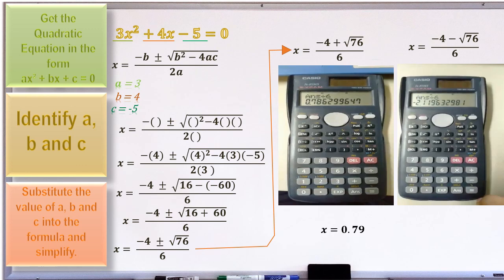Again, you need to use only two decimal places. So the answer is x is equal to negative 2.12. Since 9 is greater than 5, so we're going to add 1 to 1. We're going to add 1 to 1, so it becomes 2. So the answer is negative 2.12.